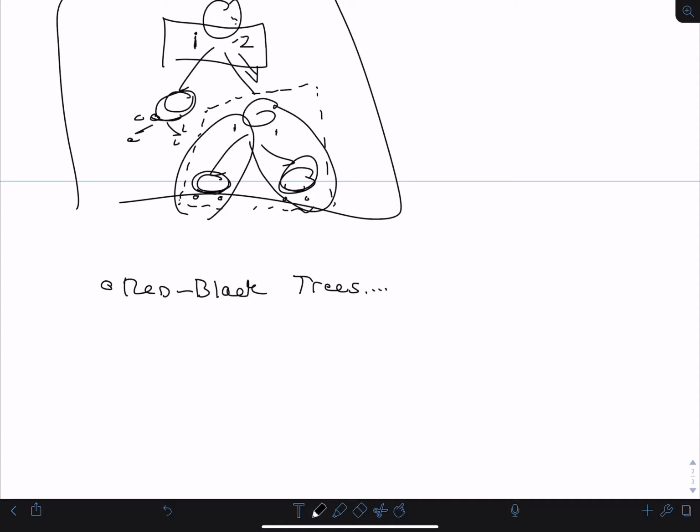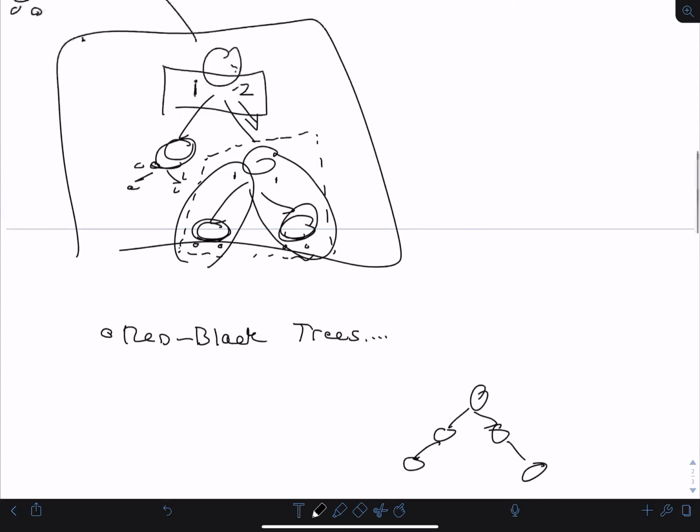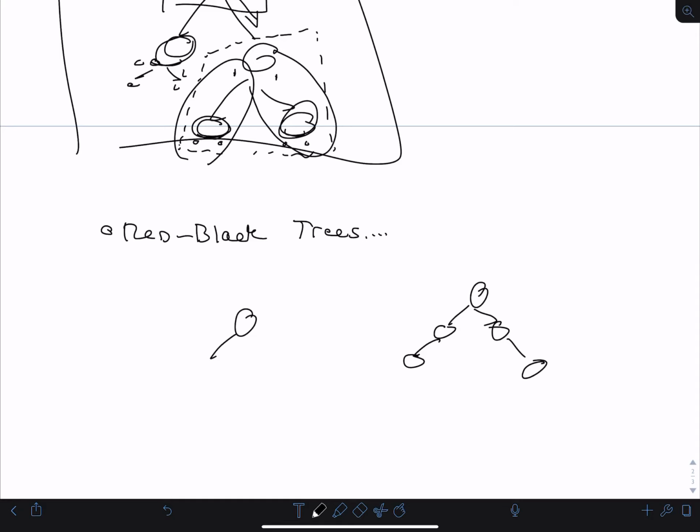So, whereas technically these two trees right here, I don't like that one too much. That's better.